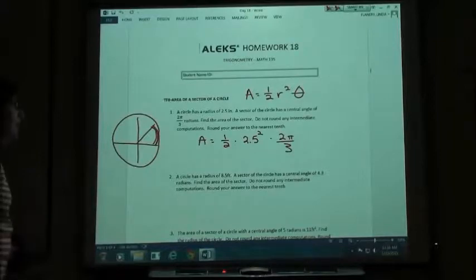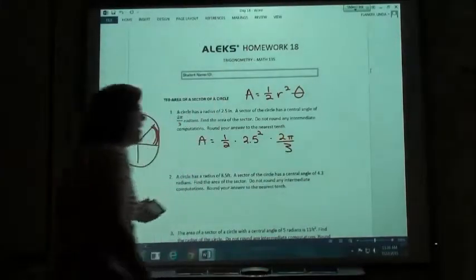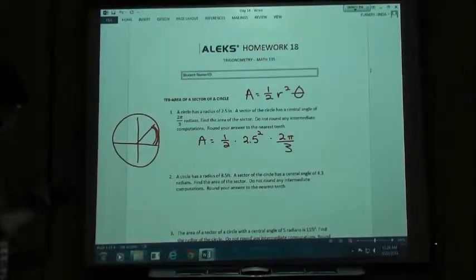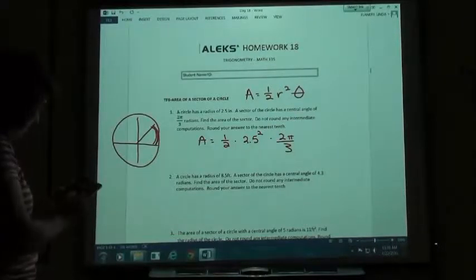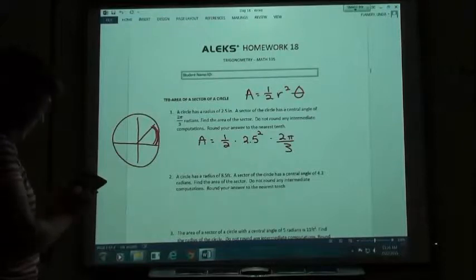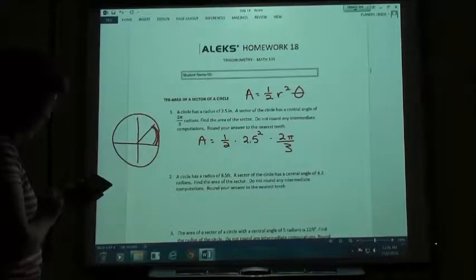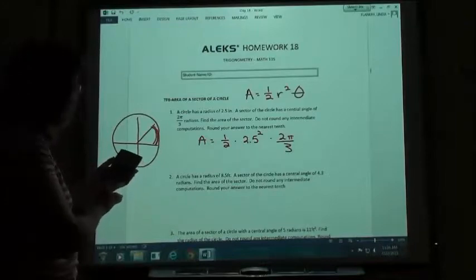In this case, again, I would want to use the pi button on my calculator so I don't have to worry about rounding issues. I'm going to use the fraction button, 1/2, times 2.5 squared, times 2 shift the EXP button, and then fraction 3, 2 pi over 3. You could use the division, but I'm just going to use the fraction.